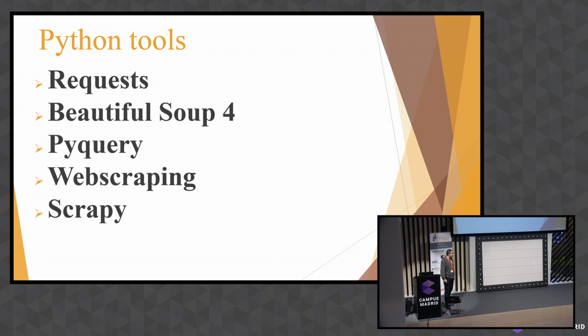And PyQuery, for web scraping, is similar to Beautiful Soup to extract the information. And finally, Scrapy is the other tool that we have. This can be considered an application framework because it has a lot of tools internally for extracting data, making our spiders, crawling the sites, and so on.